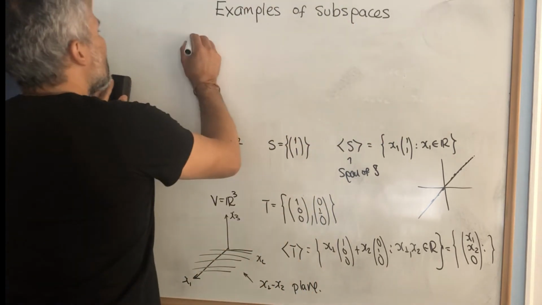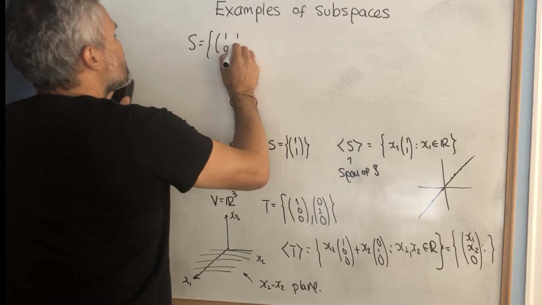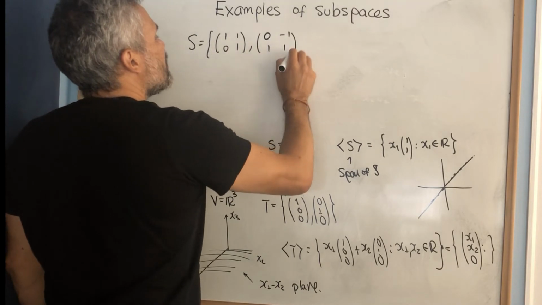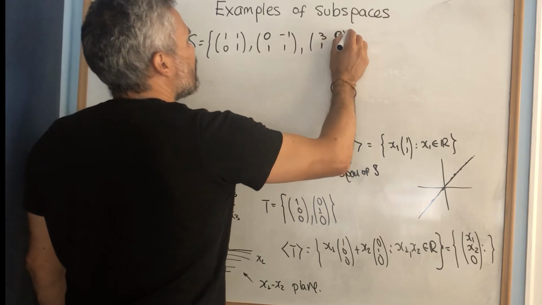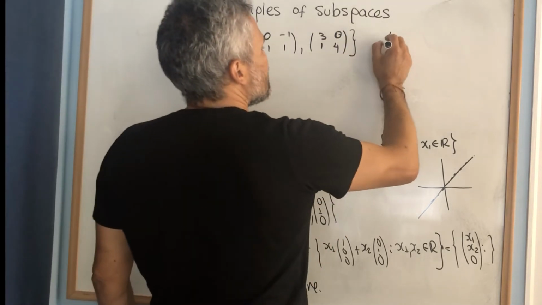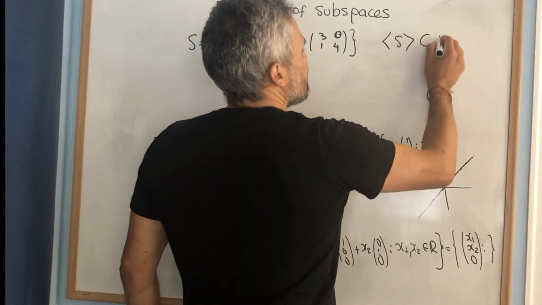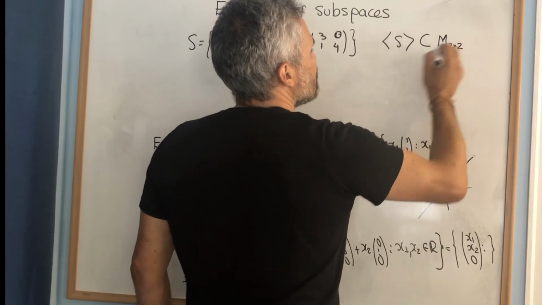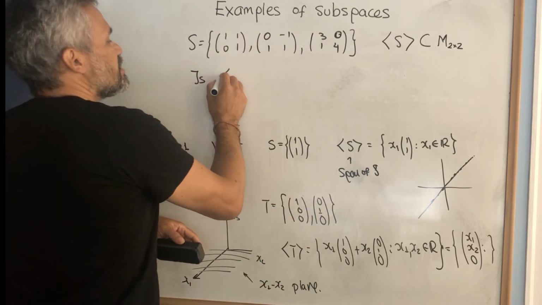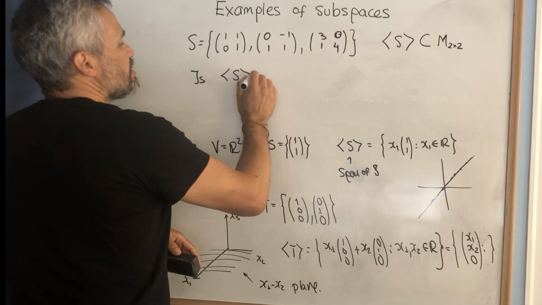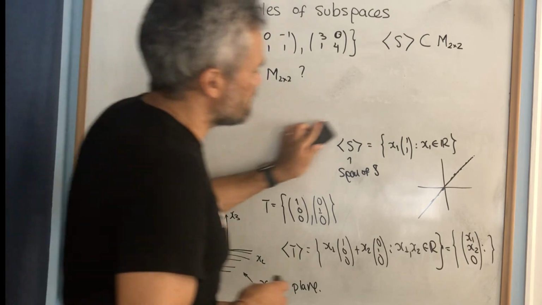Let's consider S to be the matrices (1, 1; 0, 1), (0, -1; 1, 1), and (3, 0; 1, 4), and let's consider the span of S. Then this is contained in the set of 2 by 2 matrices. But a good question to ask is, is the span of these three matrices equal to the whole set of 2 by 2 matrices? Let's try to answer that question.